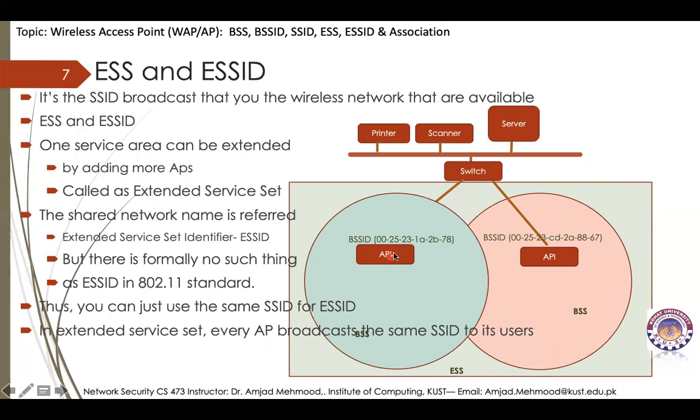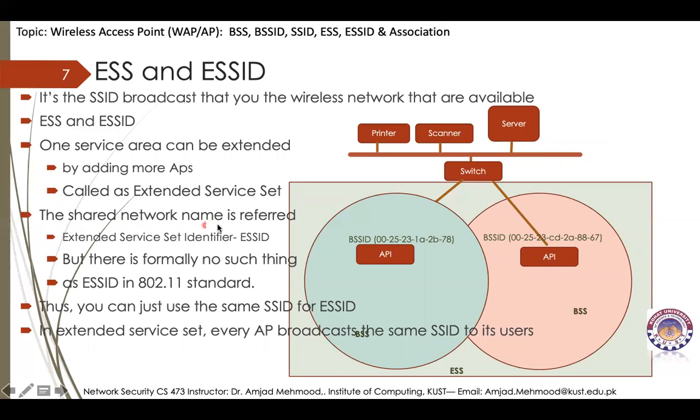Each BSS has one access point, and each access point has its own 48-bit address, like a MAC address. And this is the BSSID address of another BSS. Though we have combined these two, we define a single extended service set.